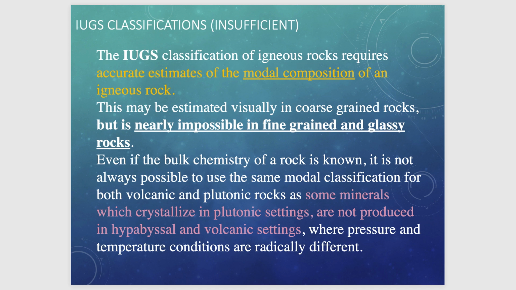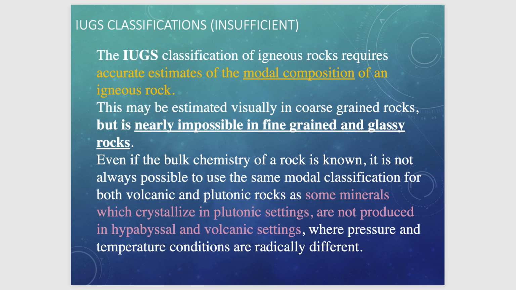As I said, they're microcrystalline, and so you don't really have the capacity to estimate the percentage of a particular mineral, which renders them challenging to use with the classification of Streckeisen, which is based on proportions of minerals. So how do you solve this problem?